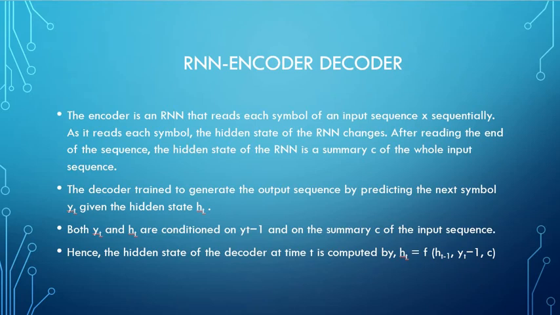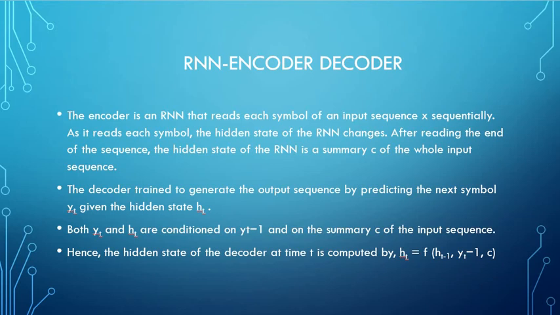As both yt and ht are also conditioned on yt minus 1, it is computed by the formula ht equals f of ht minus 1, yt minus 1, and c. The conditional probability of the next symbol is also computed.